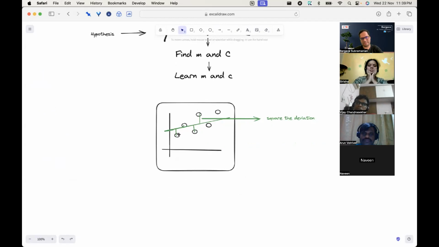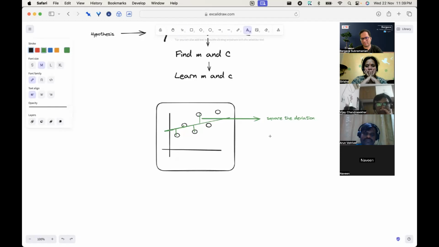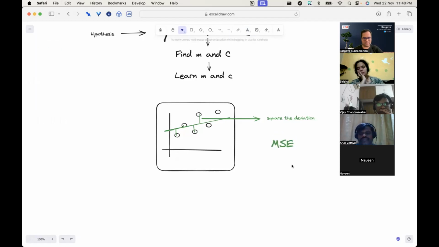Say there are 6 values, so I get 6 squares of the deviations, and then I take the average of the 6. That is called mean square error. That's the term that we started with. So I'm going to do mean square error.